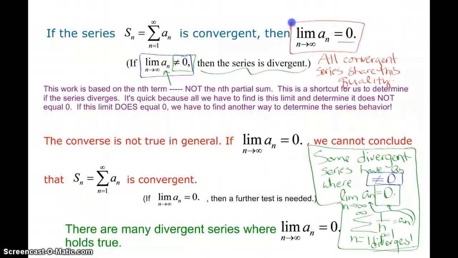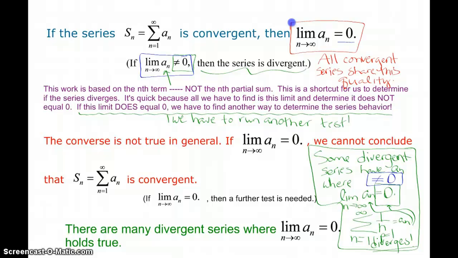But make sure this is in your notes. If this limit does equal 0, we have to find another way to determine the series behavior. We have to run another test.